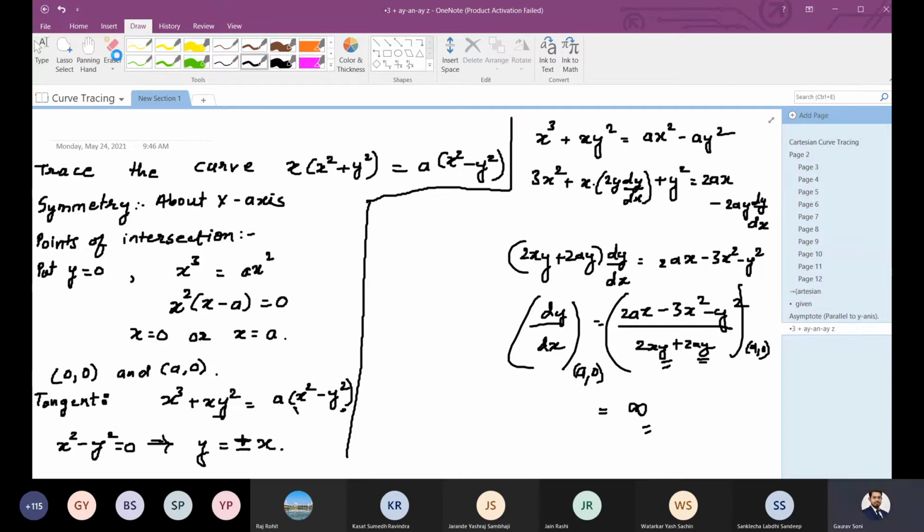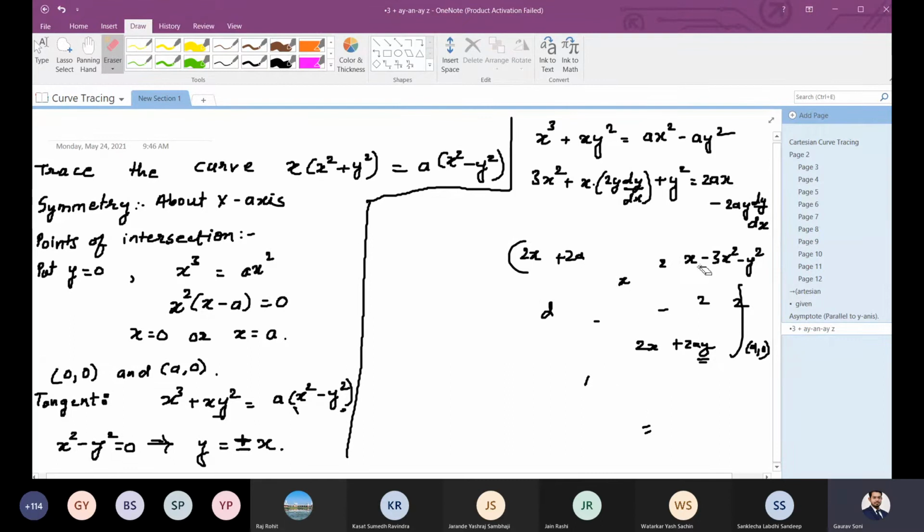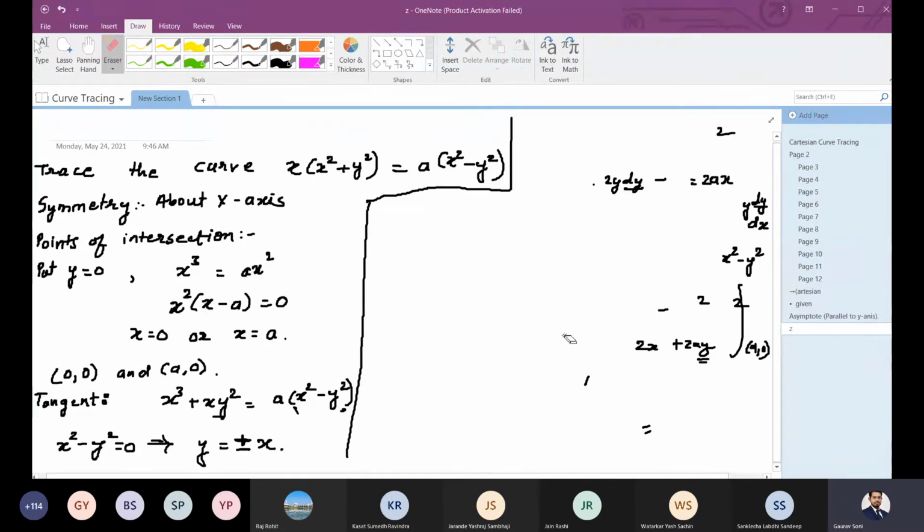Please try to do it. I'll rub this part and simply write down dy by dx at a comma 0 is equal to infinity.